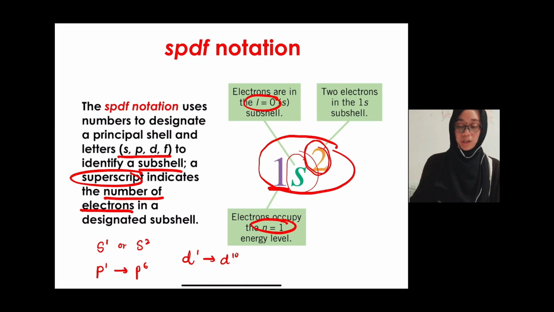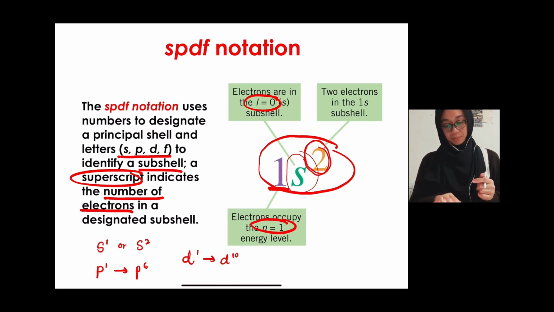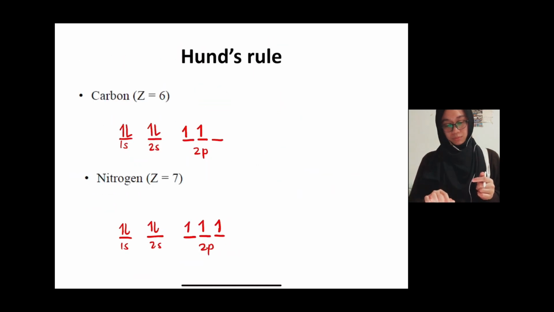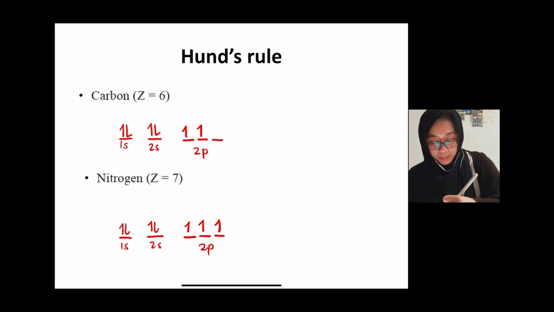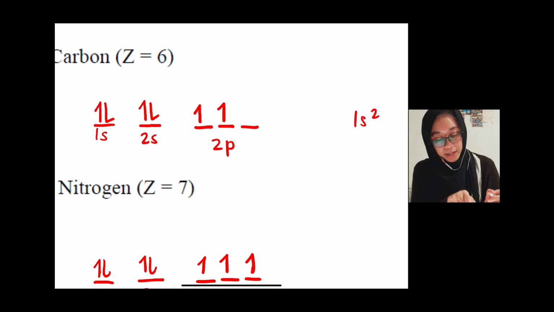So, untuk SPDF notation, so kita pergi balik kepada yang contoh before ni. Okay, so let's go back here. So, for this one, if you were to write the SPDF notation, therefore, dia akan jadi 1s2, and then, kita punya carbon ada 2 elektron kan?